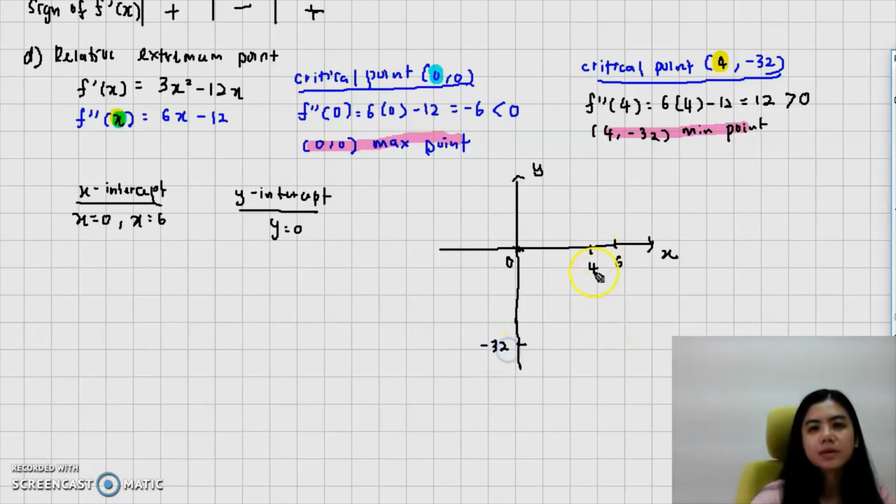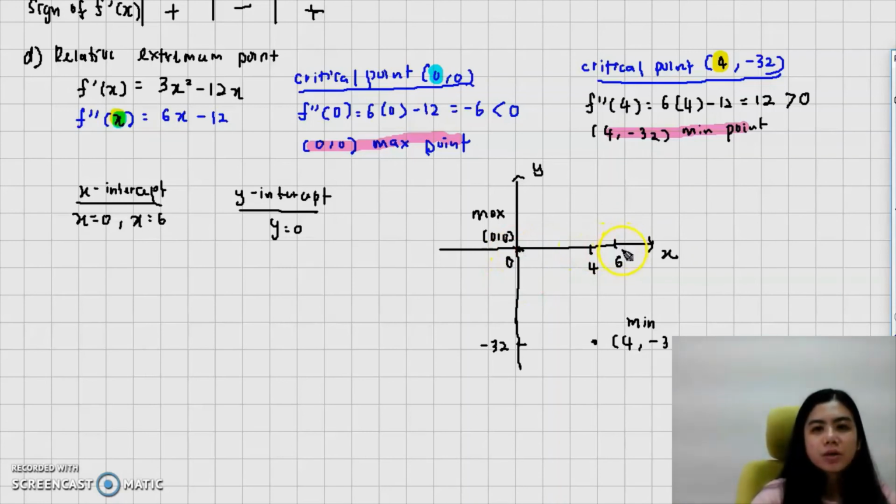I'll just roughly put the coordinates, so we have here 4, negative 32. Just now this is 0, 0. So that 0, 0 is a maximum point, and this one is a minimum point, right? We have an intercept here, and an intercept here.